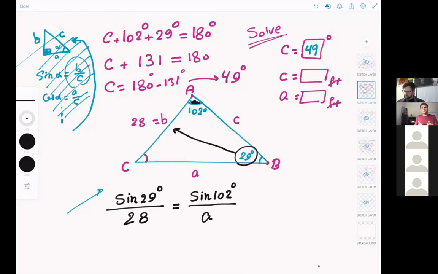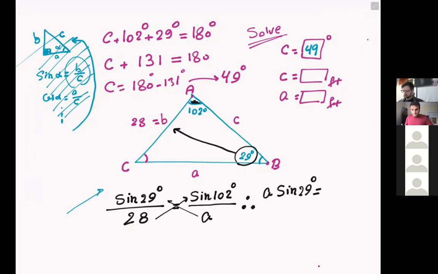So now we have one equation, one unknown. We cross multiply. That means this times that equals this times that. We have a sine of 29 degrees equal to 28 sine of 102 degrees.